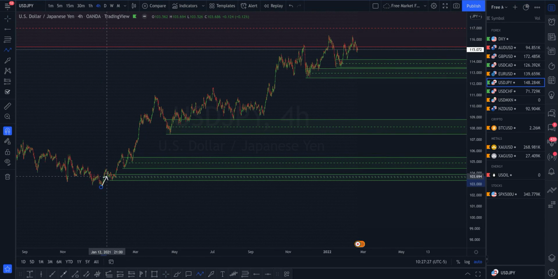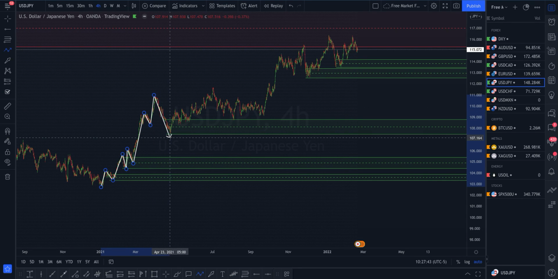We have our low, we have our high, we have our higher low, higher high, higher low, higher high, higher low, higher high, higher low, higher high, lower low. Now, in order for this to turn around to the downside, we would need another lower low. Let's see if we get it. We've got a lower high, and we have a higher low. So just kind of consolidating here.